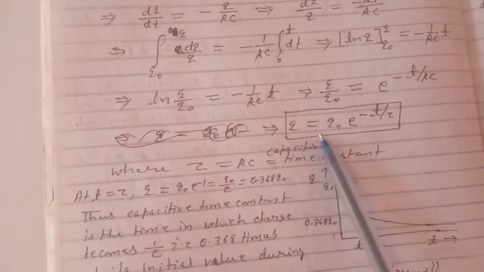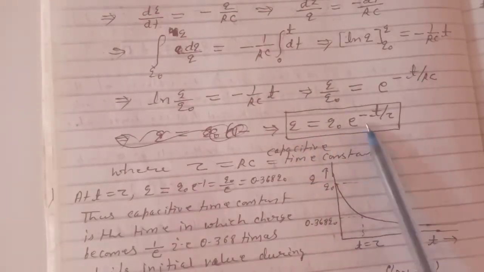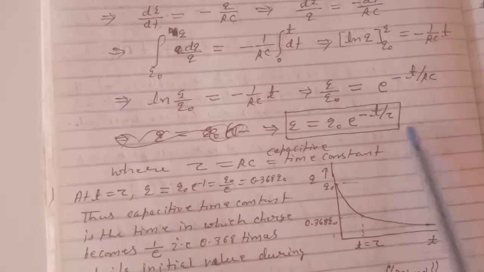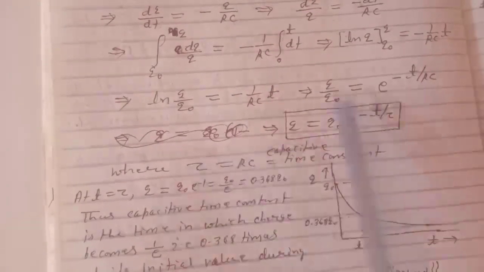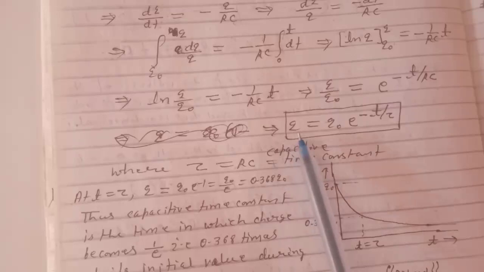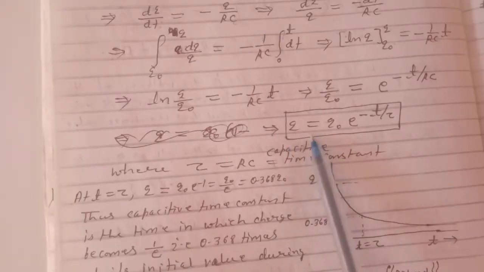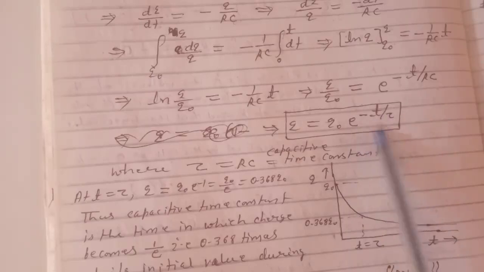This implies q equals q naught into e to the power minus t by tau. So finally we have got the value of q at any time, given by this formula, q equals q naught into e to the power minus t by tau.